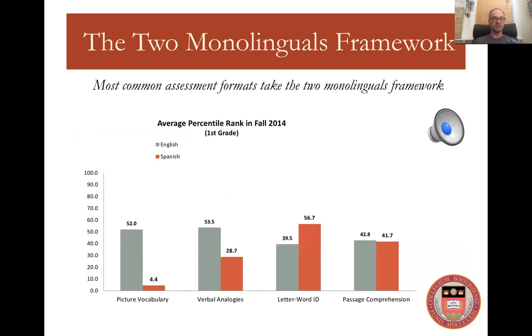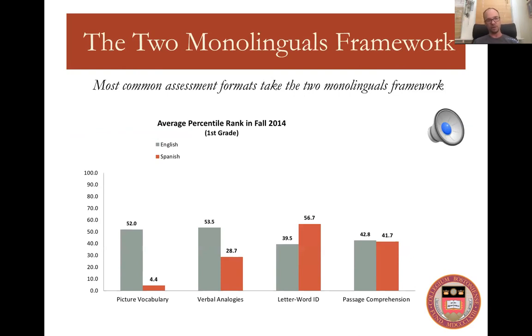At the bottom you see picture vocabulary, verbal analogies, letter word ID, which is word reading, and passage comprehension, which is reading comprehension. Picture vocabulary is how many words you know. Verbal analogies is being able to complete analogies, like up is to down as left is to right. Letter word ID is being able to read lists of real words, and passage comprehension is being able to comprehend what you read. So this particular student is treated as two monolinguals in one brain.